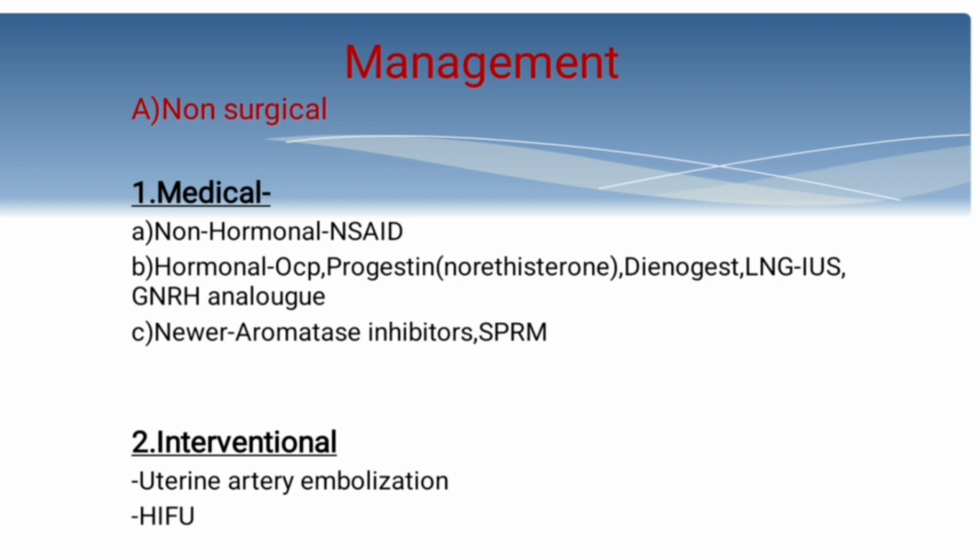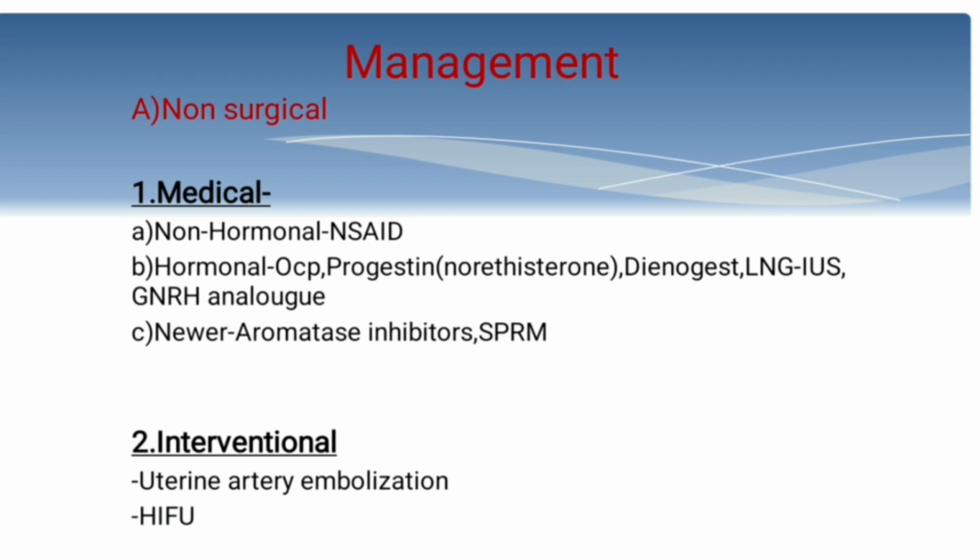First of all, we will discuss the non-surgical management of adenomyosis. It includes medical and interventional. In medical, we can use non-hormonal non-steroidal anti-inflammatory drugs, that is NSAIDs. Hormonal includes oral contraceptive pill, then progestin.